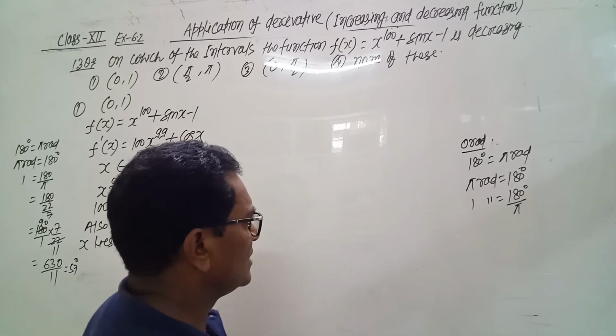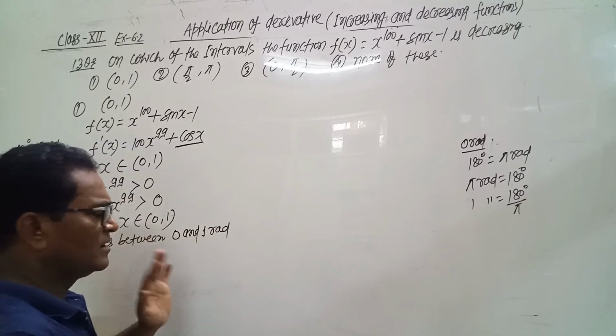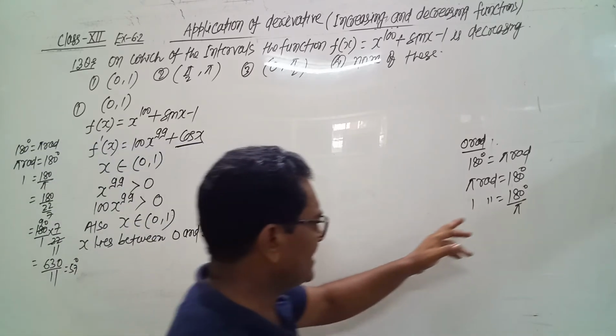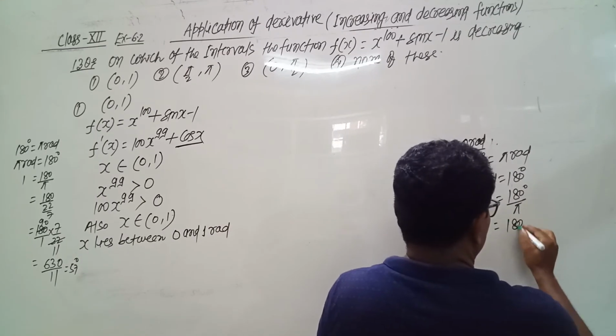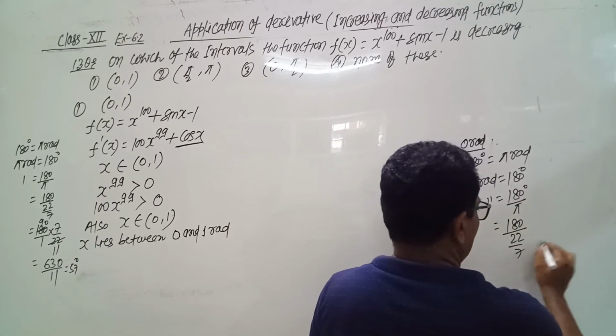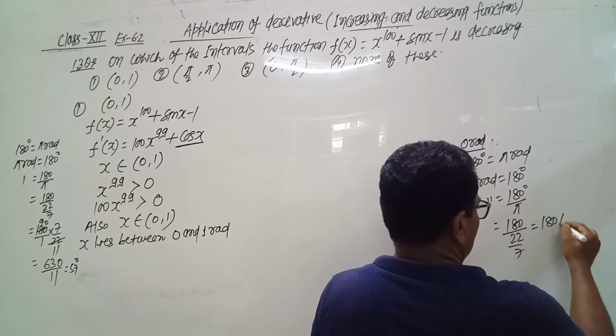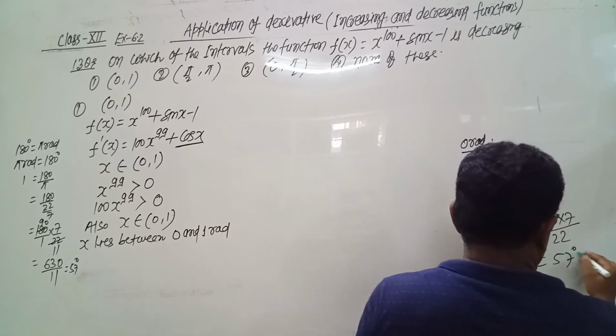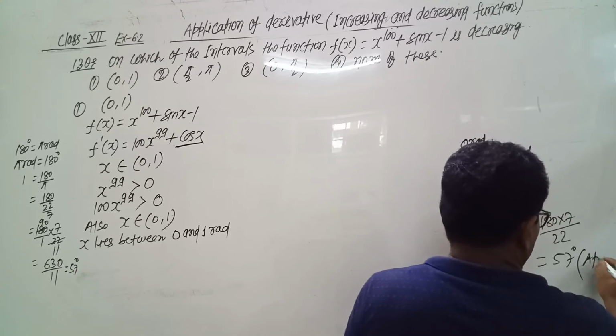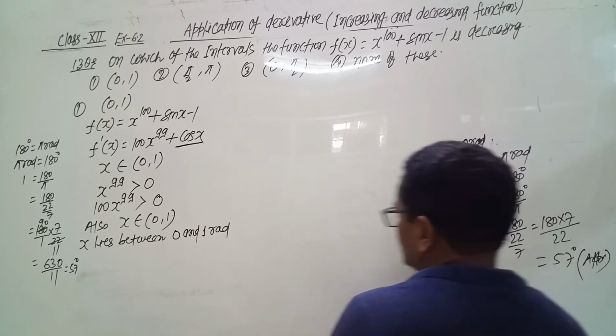So 0 radian means 0 degree and 1 radian means 180 by pi degree. Now pi can be written as 22 by 7, so it gives 180 into 7 upon 22, and its value comes to be 57 degree approximately.